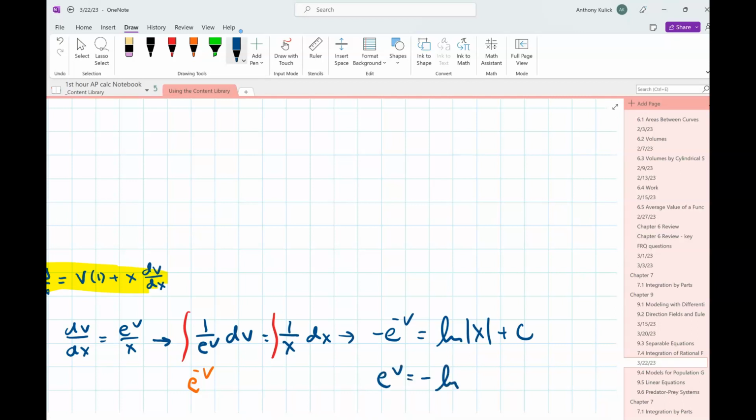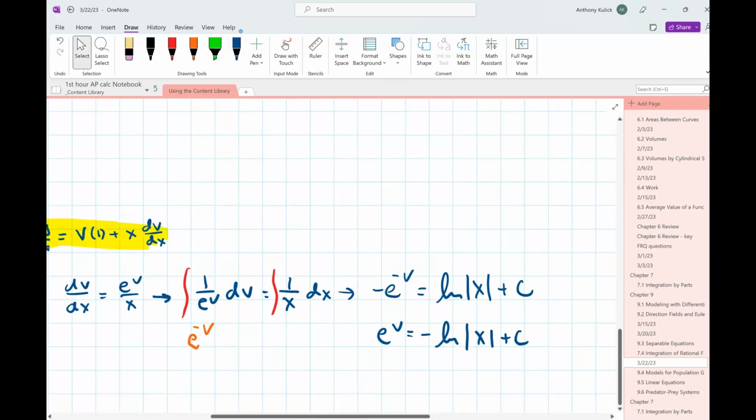So I'll move the negative sign over to the other side. And then, okay, how did you get rid of the negative on the v? Oh, I shouldn't have. It should still be there. Apologies. Thank you. And then we'll do the natural log of both sides.